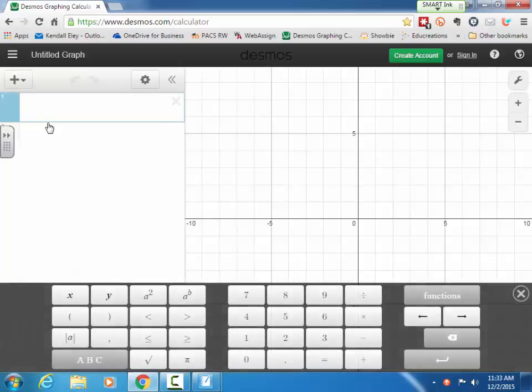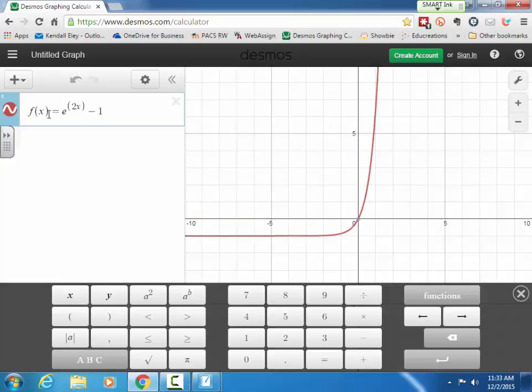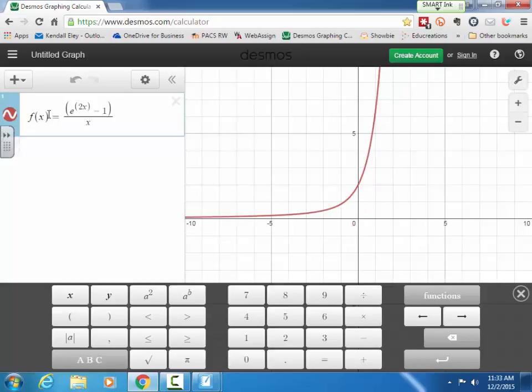Let me graph it up here. F of x equals e raised to the 2x minus 1. All of that needs to be in parentheses. Divided by x.